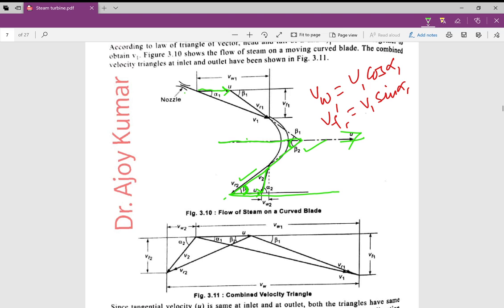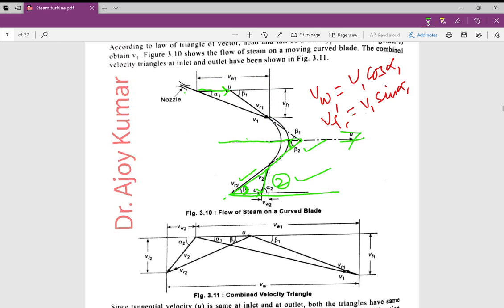So dear students, this is the inlet velocity triangle and this is your outlet velocity triangle. This velocity triangle is drawn at section 1 of the blade. This velocity triangle is drawn for section 2 of the blade. So this is at inlet, this is at the outlet, right?